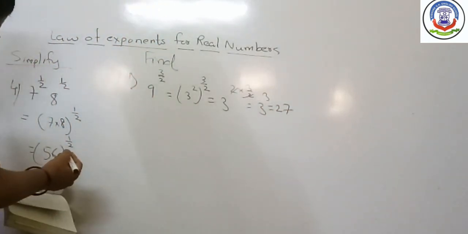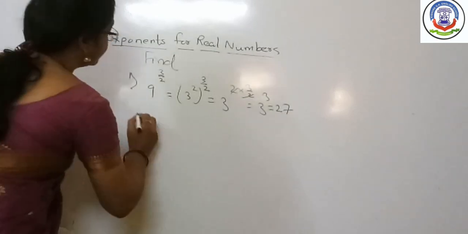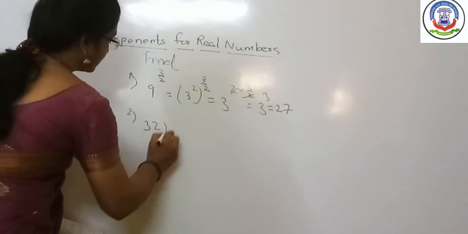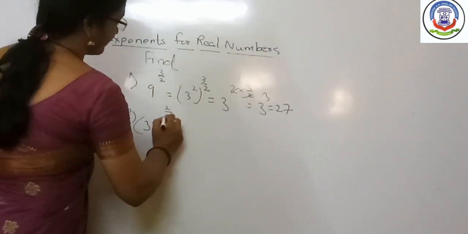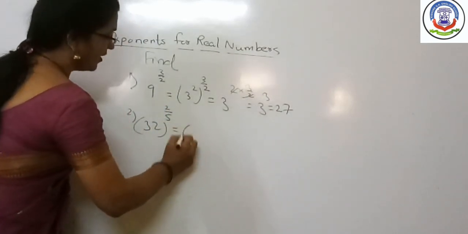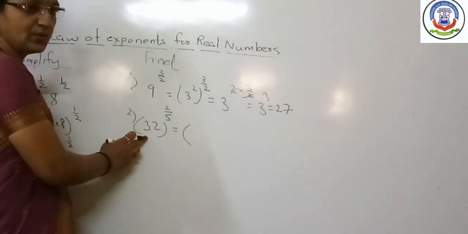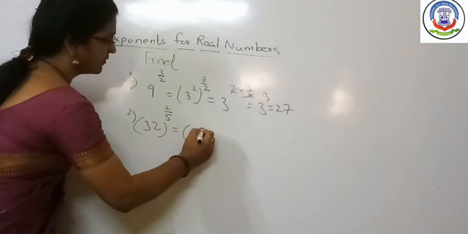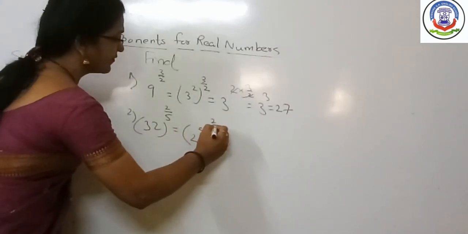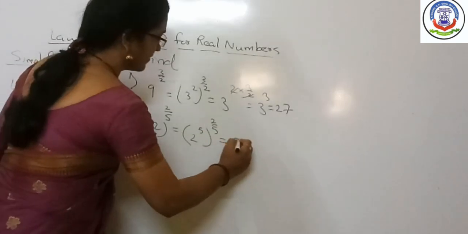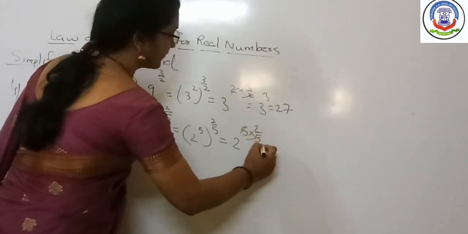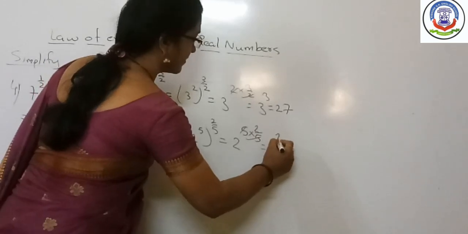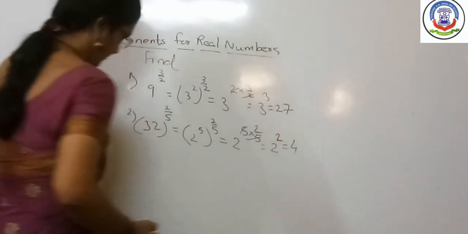Next sum, 32 raised to 2 by 5. Now 32 means 2 raised to 5, bracket raised to 2 by 5. That is 2 square, which is 4.